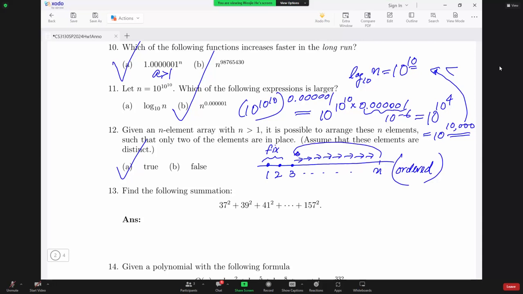Like that, make them out of place. So then it satisfies the condition. Sometimes, in order to convince yourself, you may need to construct appropriate examples. Here we did two examples, so then you know it is correct.